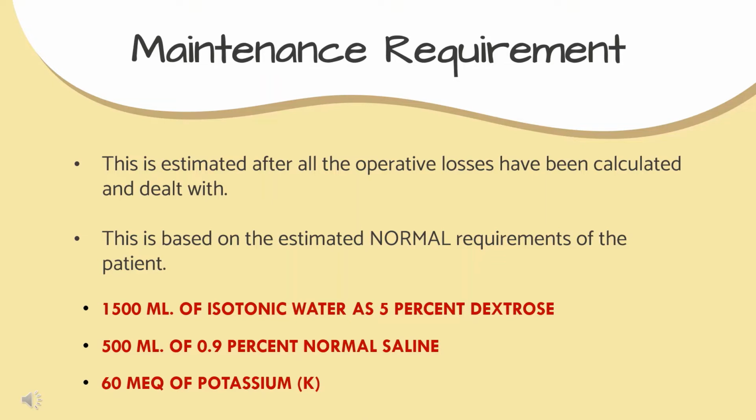Thus, this patient requires a daily fluid maintenance under uncomplicated circumstances consisting of 1,500 ml of isotonic water as 5% dextrose, 500 ml of 0.9% normal saline, and 60 milliequivalents of potassium.